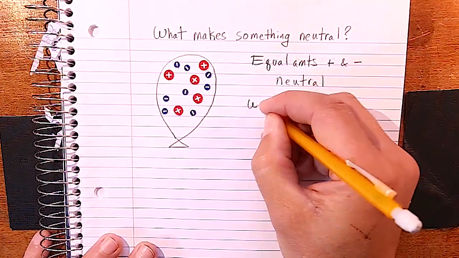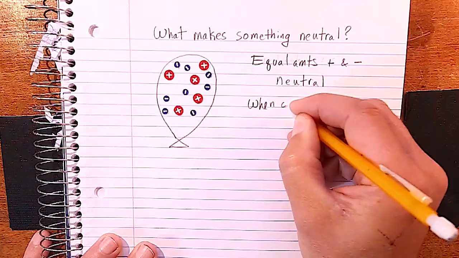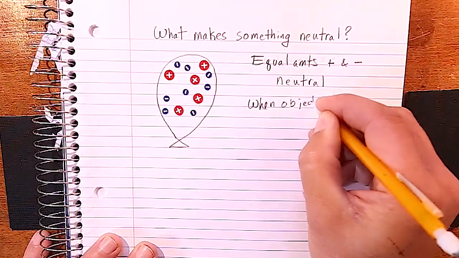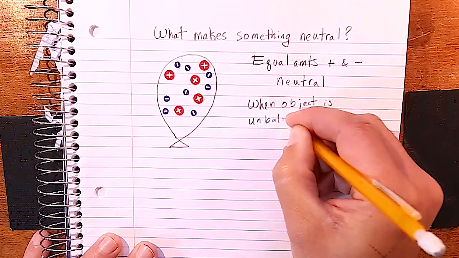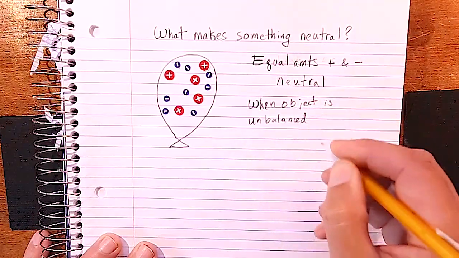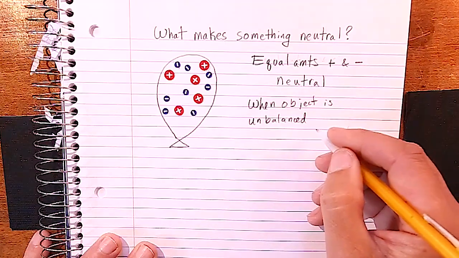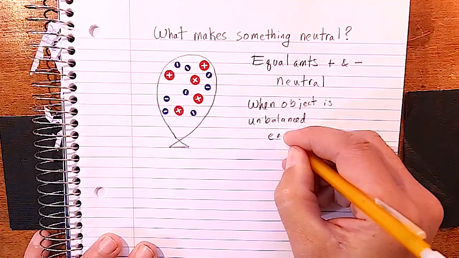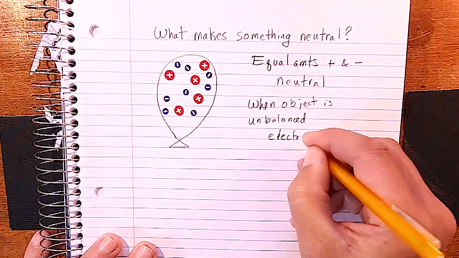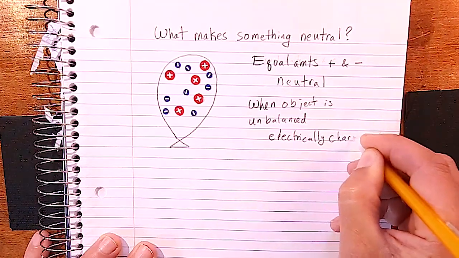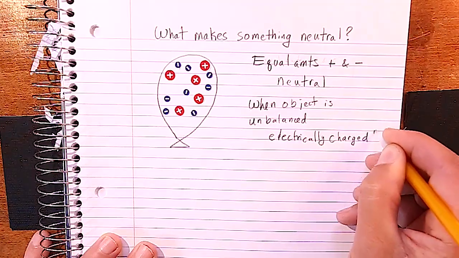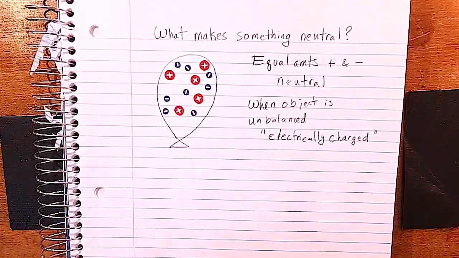So when an atom or when an object is unbalanced, in other words, it has a net charge, then we call this electrically charged. That's the definition of electrically charged, is when we have an unbalanced amount of protons and electrons.